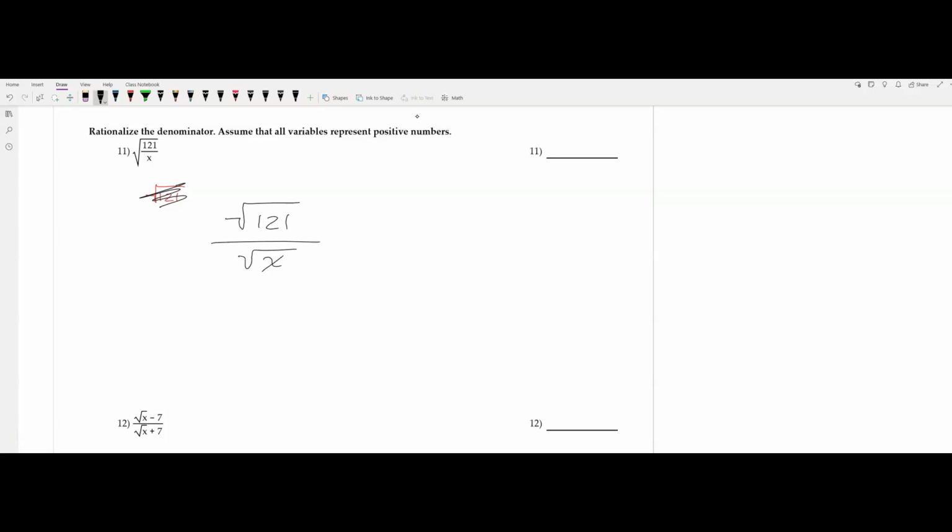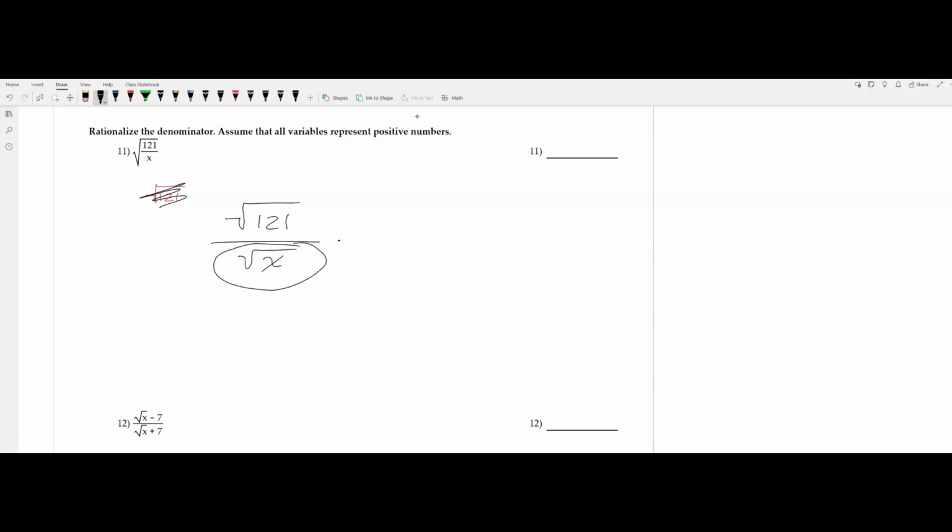And when you rationalize the denominator, that means that you don't want to have a square root expression in your denominator. To get rid of that square root of x, I can multiply it by itself, because it's going to cancel out.